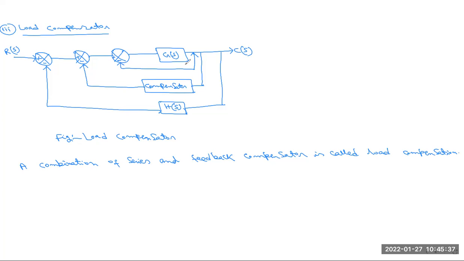Okay, so this is called the load compensator. In this load compensator, we use the previous ones. First the series compensator circuit, another one the feedback compensator circuit. So that's why it is called the load compensator circuit. Is it clear?